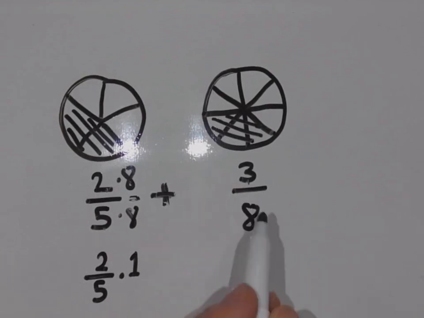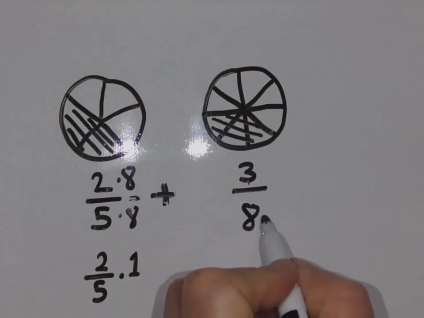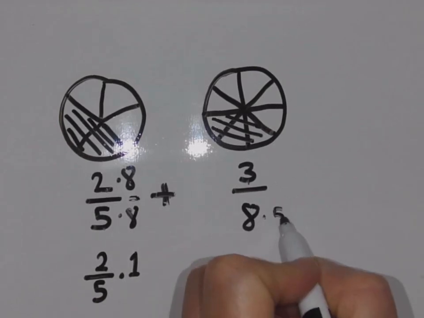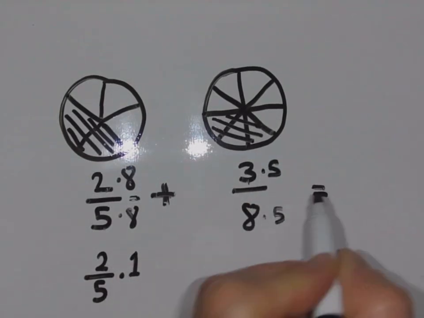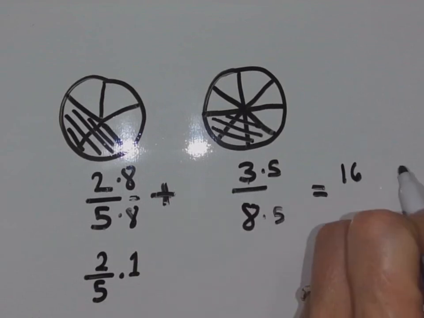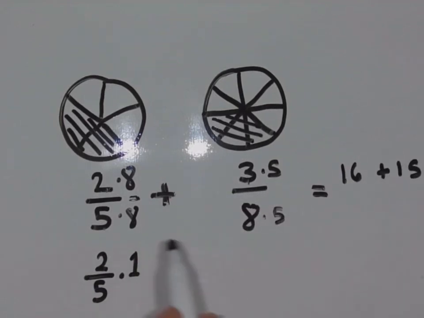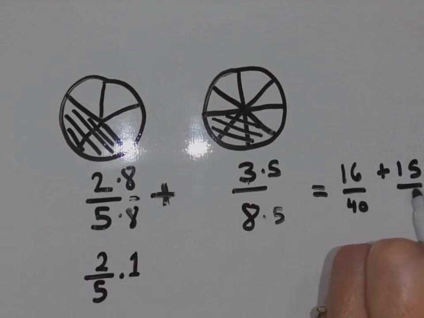So for the other fraction, here we would have a 40 as a denominator, right? And to make this become a 40, I need to multiply by 5 and by 5. So now what do we have? Well, 2 times 8 is 16, 3 times 5 is 15, and now this one is over 40, but this one is also over 40.